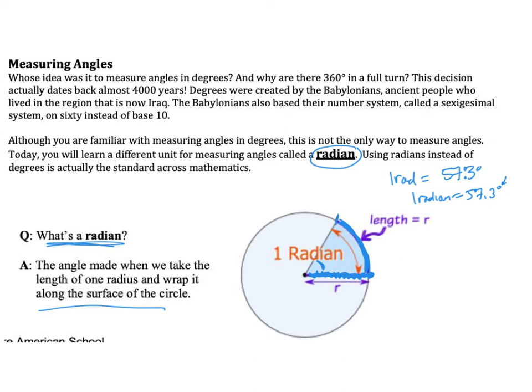If you took that string and did it again, this would be 2 radians, do it again, this would be 3 radians. So what you should have discovered is that a 180 degree angle is not quite 3 radians, it's beyond that.